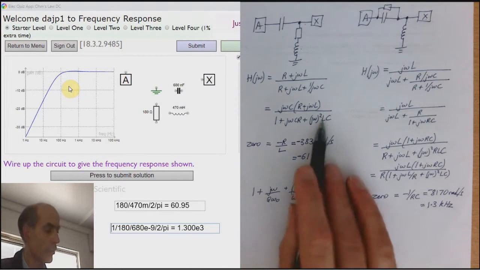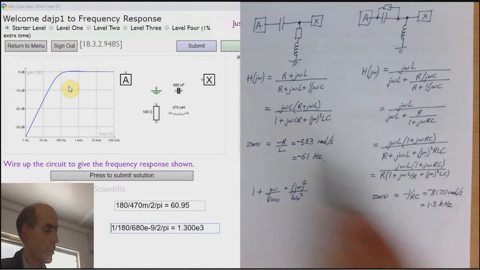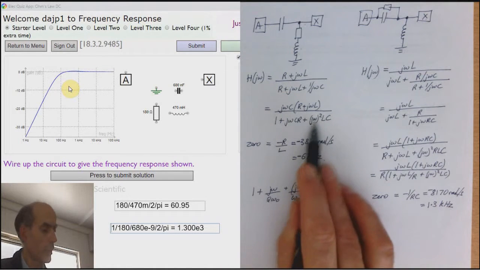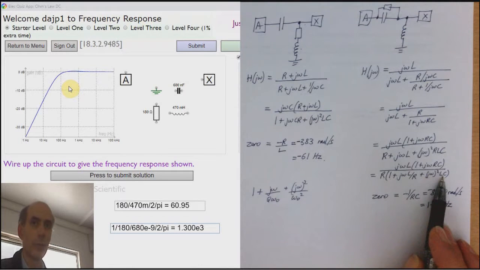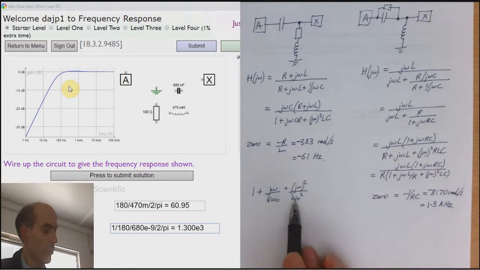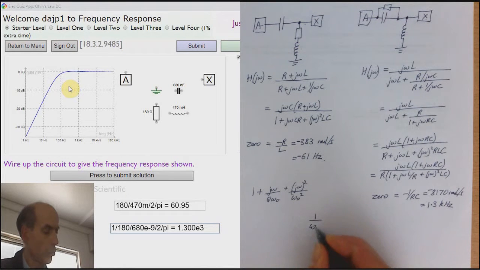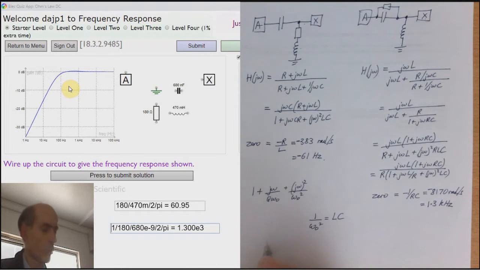In both cases, we can see that the j omega squared term is multiplied by LC, which means that this term here, the 1 over omega naught squared, must be equal to LC. And from that, we can work out what the resonant frequency must be.